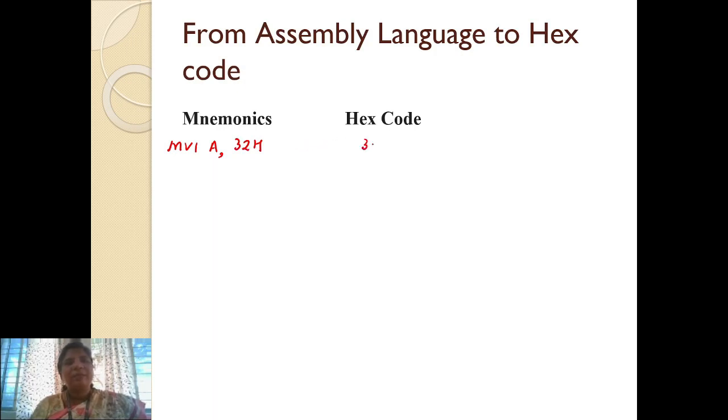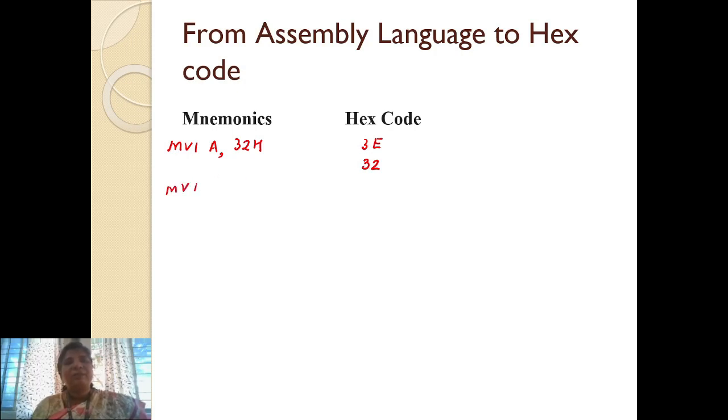The MVI A code is 3E, and the data is 32. So I am writing two hex codes here. That means MVI A, 32H is a 2-byte instruction. One byte is for the opcode 3E and the second byte is for the operand 32.